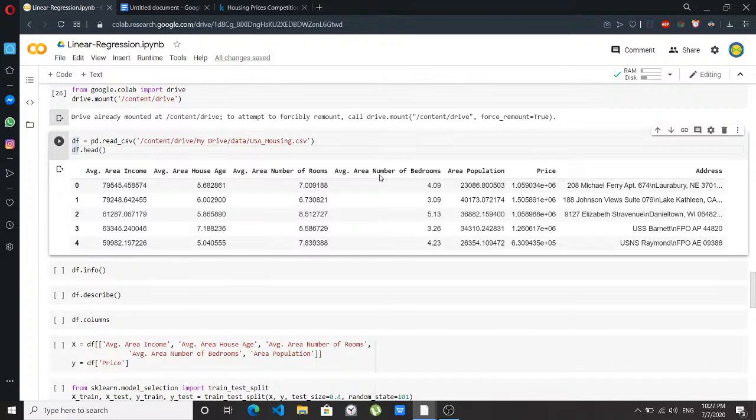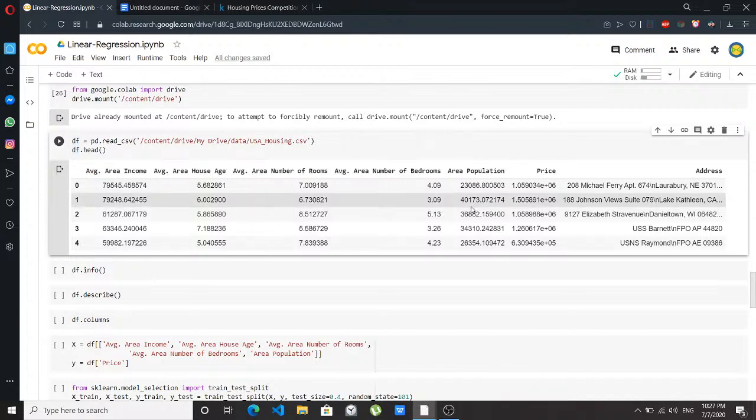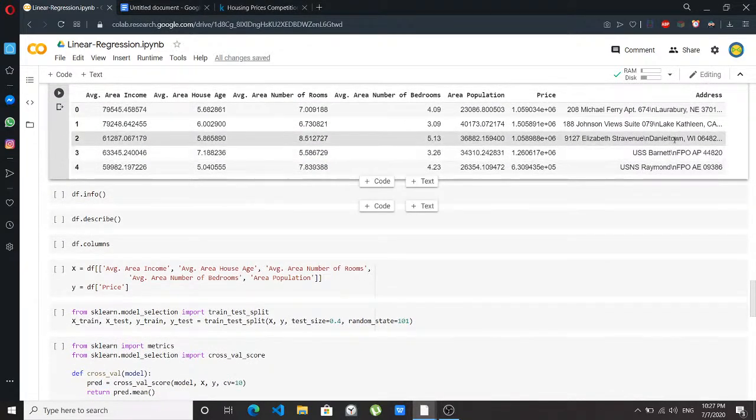According to the person who constructed this data set, these are some of the values that affect the pricing of the house. All this affects the price of the house in the US. And these are the addresses that were used in the survey, and we have those addresses.